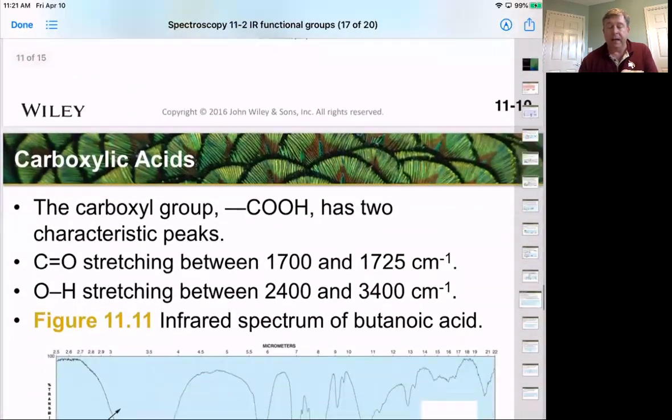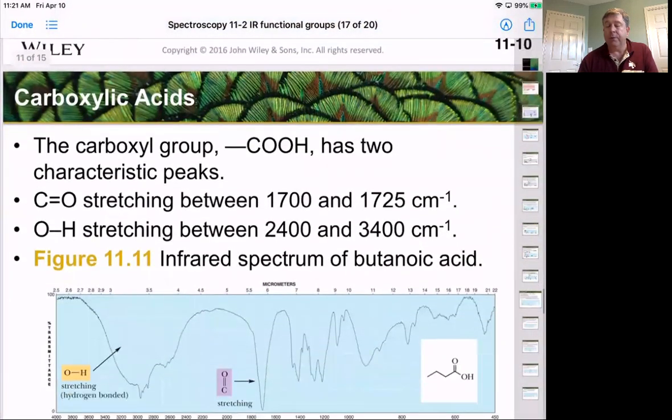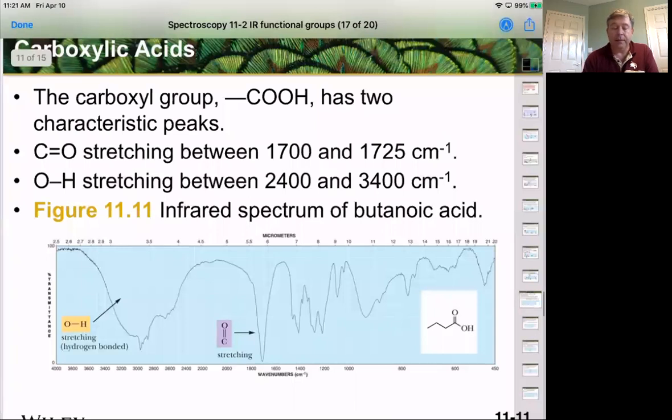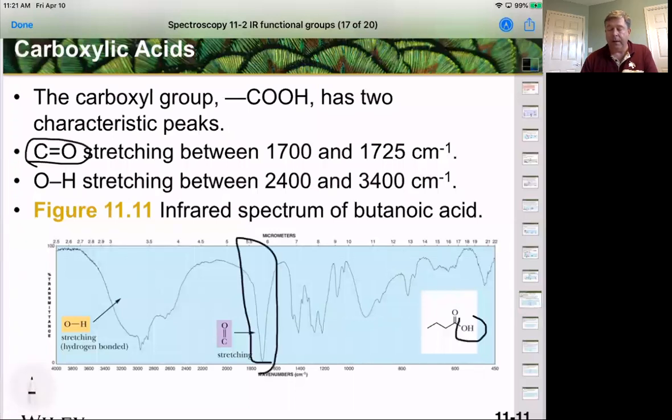Okay. Now, when we move to a carboxylic acid, we again still have that CO stretch. We have that big carbon-oxygen double bond here, but we also have the OH on the end here. That OH on the end is this big peak we show here. It's overlapping our carbon-hydrogen bonds that would be here. So we see a combination of three different peaks.